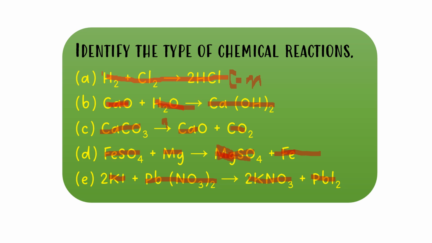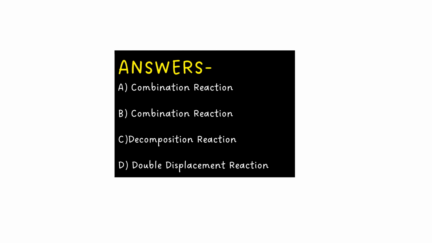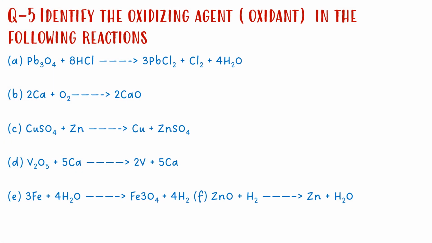This is a double displacement reaction as two different compounds are exchanging, and they are forming two different compounds. You can refer to the answers as well. But first, I would request you all to try on your own and then look at the answer.